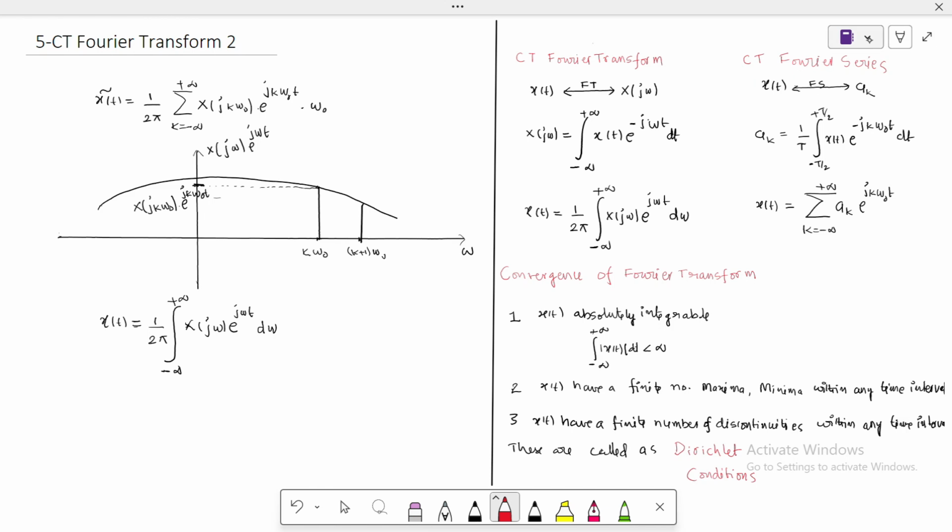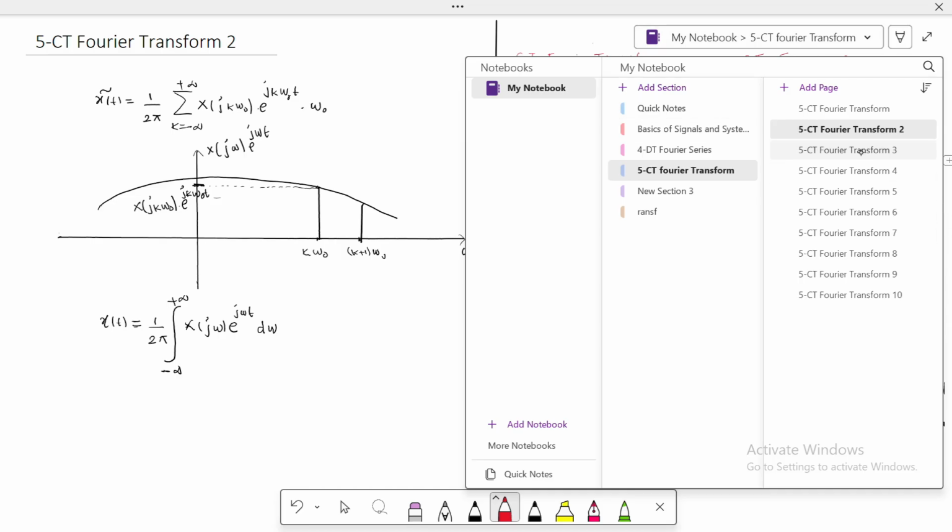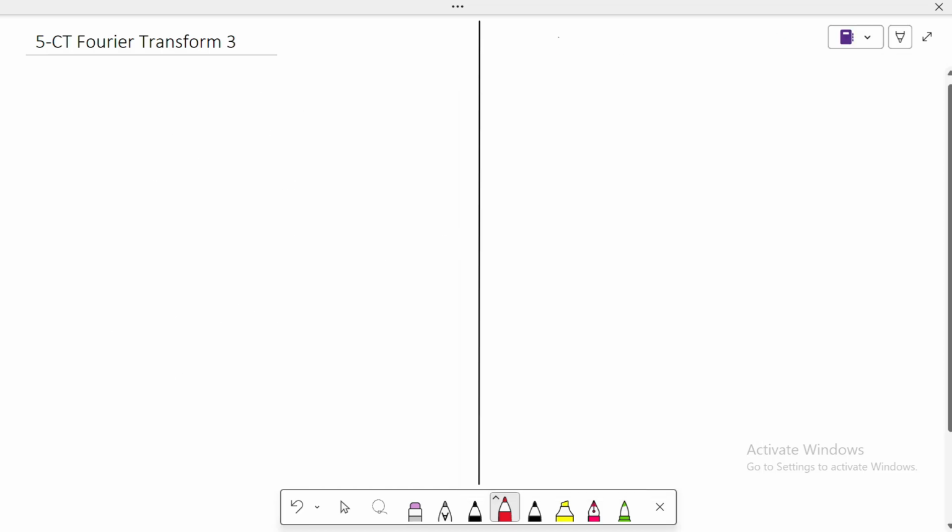Then we go for one problem. Here I'm taking one continuous time signal.